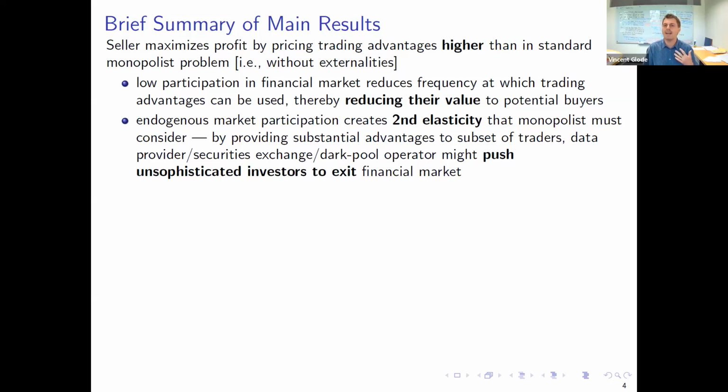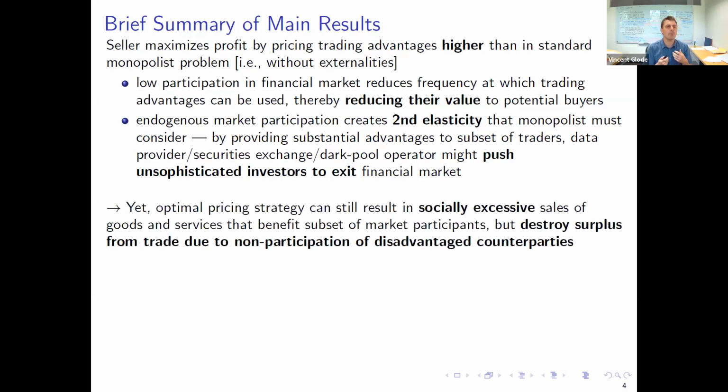By providing advantages to a subset of traders, by providing Albert and Marius and Andre with very fast access to financial markets, I might lead, say, Xingtan and myself to exit the markets and make the trading advantage less attractive or less valuable to Albert, Marius, and Andre.